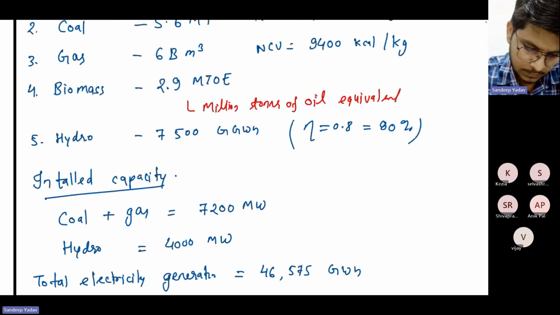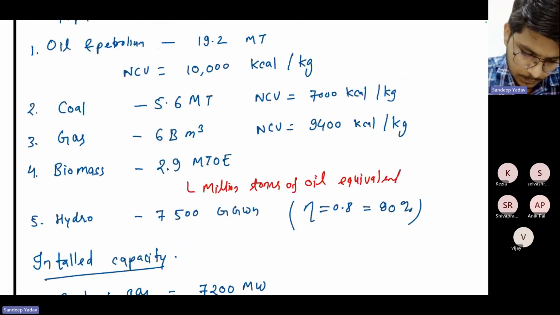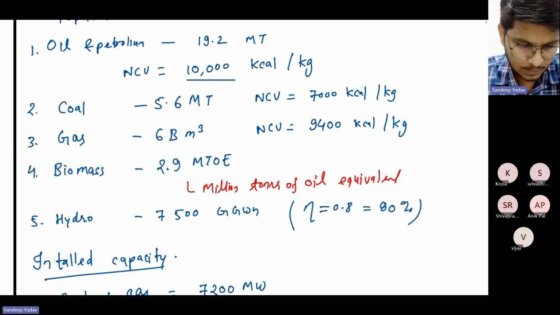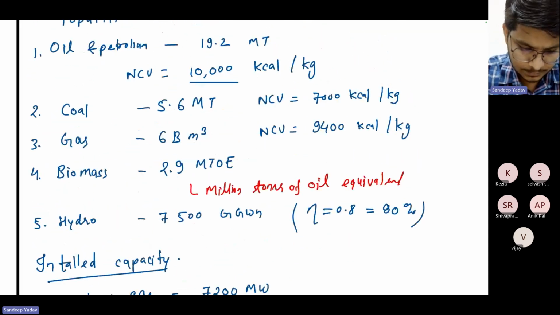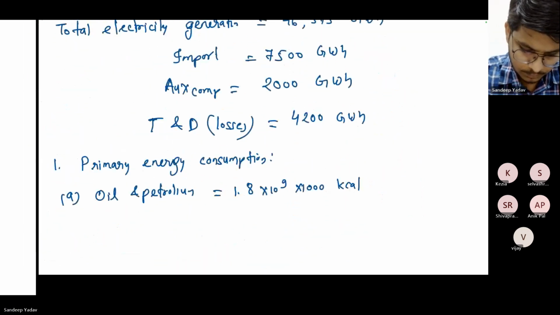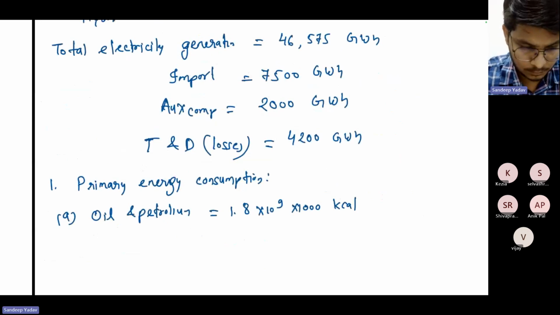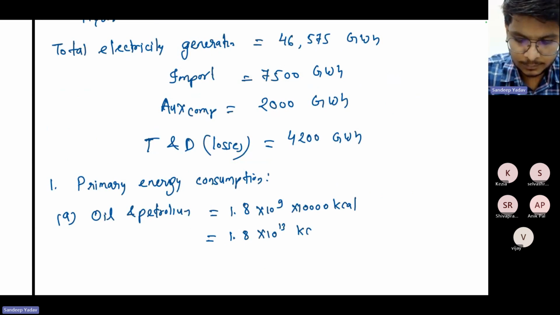So if you see here, the calorific value is this thing we are given, and we get the primary energy consumed. So that will be 1.8 into 10 raised to power 13 kilocalorie.